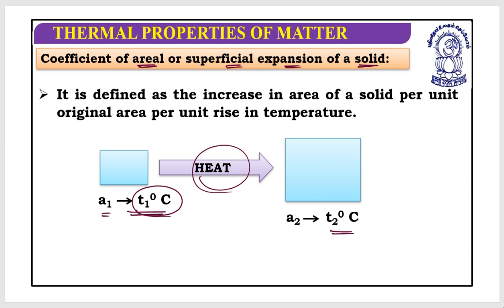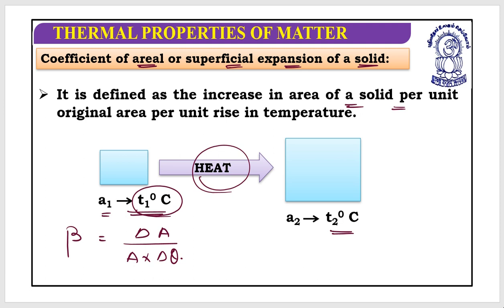So it has been denoted by beta, and it is defined as the increase in area of a solid, which is equal to delta A, the change in area of a solid per unit original area, multiplied by per unit rise in temperature. Let's say the original area is A, and the change in temperature is delta theta.